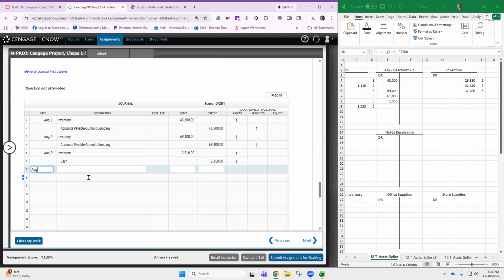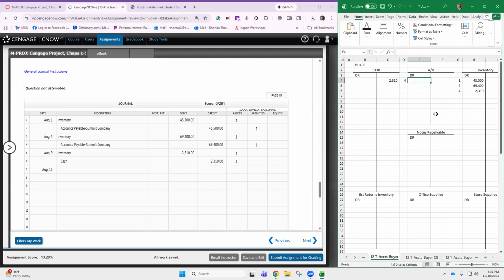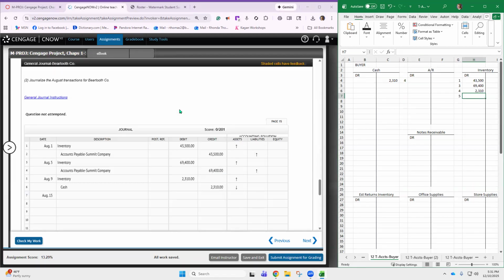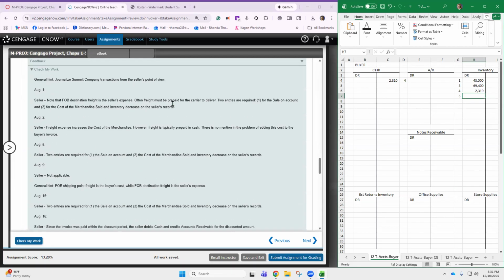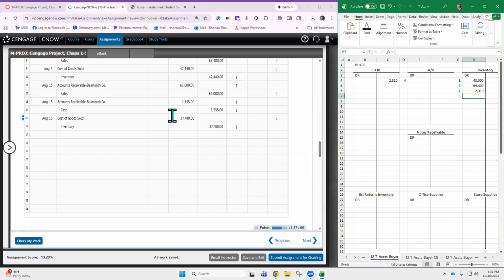Okay, so what just happened? So go to the buyer's T accounts now. Okay, buyer's T account. How much did we get? This is transaction number 5. Okay, so if you forget, it's all right.